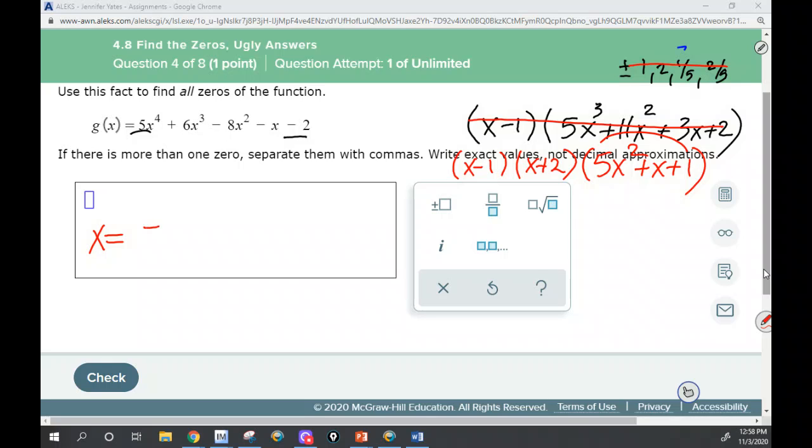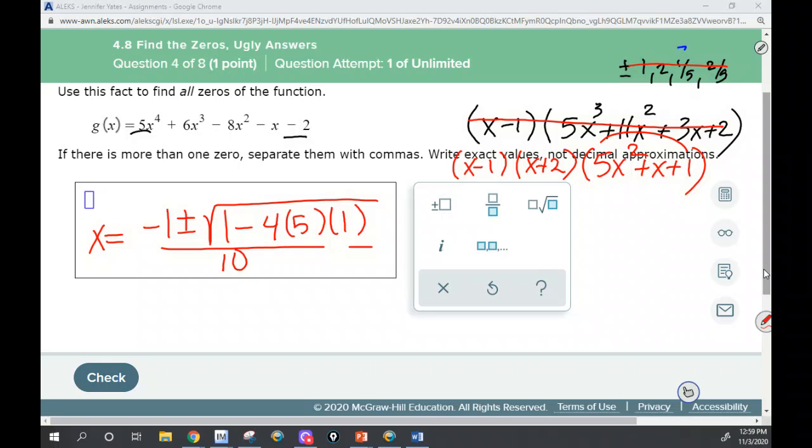X equals the opposite of b, plus or minus the square root of b squared minus 4ac all over 2a. I hope I'm not killing you by doing some of those steps in my head. I think you guys do the same thing, don't you, on the quadratic formula? All right, -1 plus or minus, oh, another one, -19 over 10.